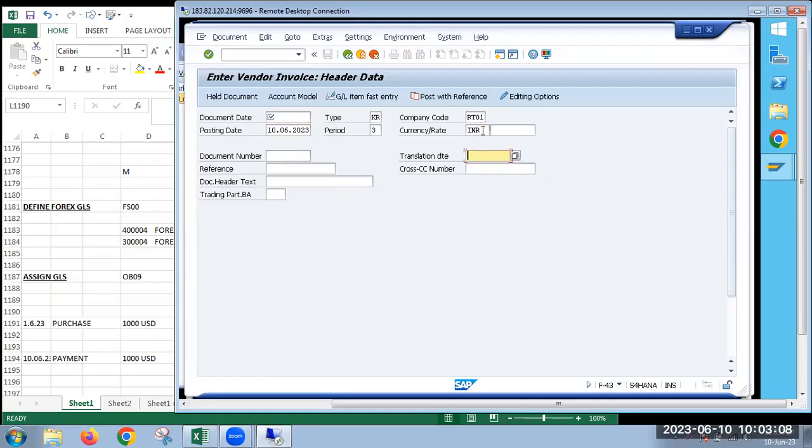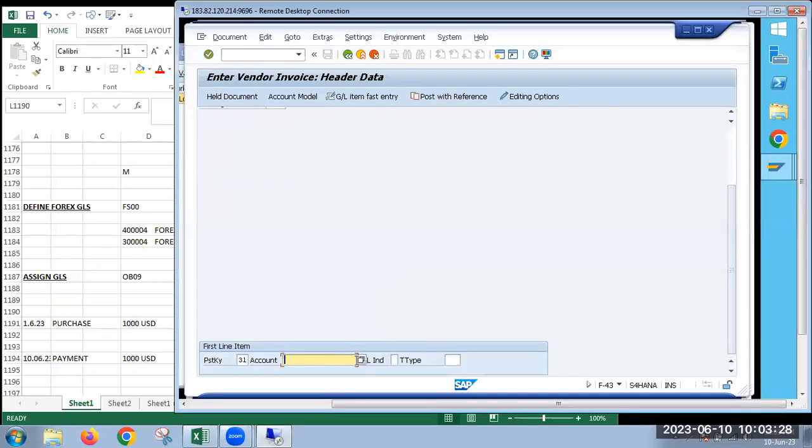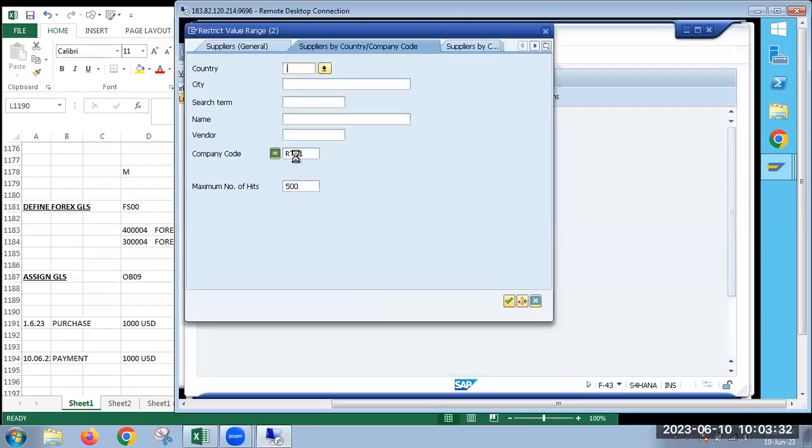So if we simply specify US dollar with today's date, then $1 will be treated as how much amount in INR? 82. Let's see. Let's go for a transaction.